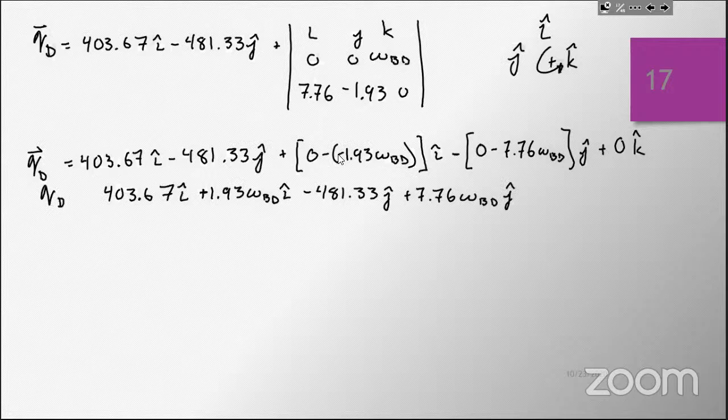And so this velocity vector is equal to this. But there's one thing we haven't talked about. The velocity of point D is a vector, so we need to talk about that. If that's a vector, we should be able to break it down into I and J components.